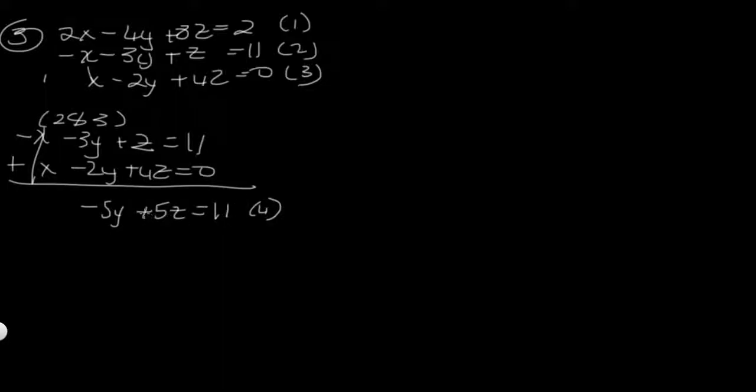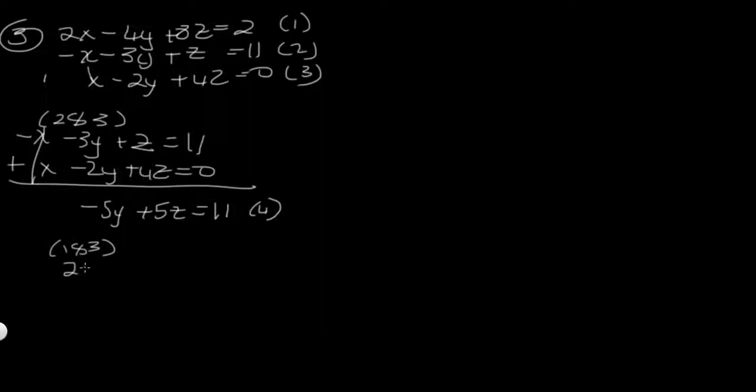Now I need to use 2 different equations to eliminate a variable. I can't use 2 and 3. I can use any other set. So I'm going to go ahead and use 1 and, I guess it doesn't really matter, okay, I'll just do 1 and 3.